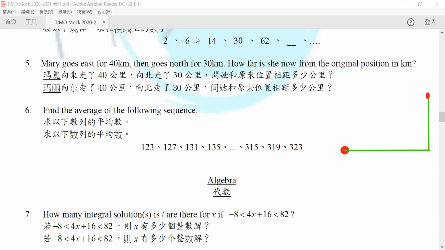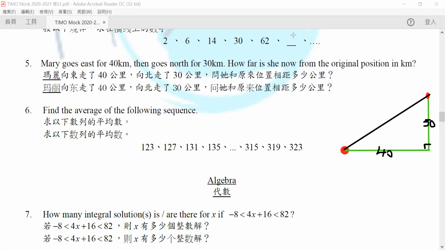Now, there are many things that we can talk about. One thing is that it is actually a perpendicular angle. It reminds us of a very common right angle triangle with 3 sides equal to 3, 4, and 5.